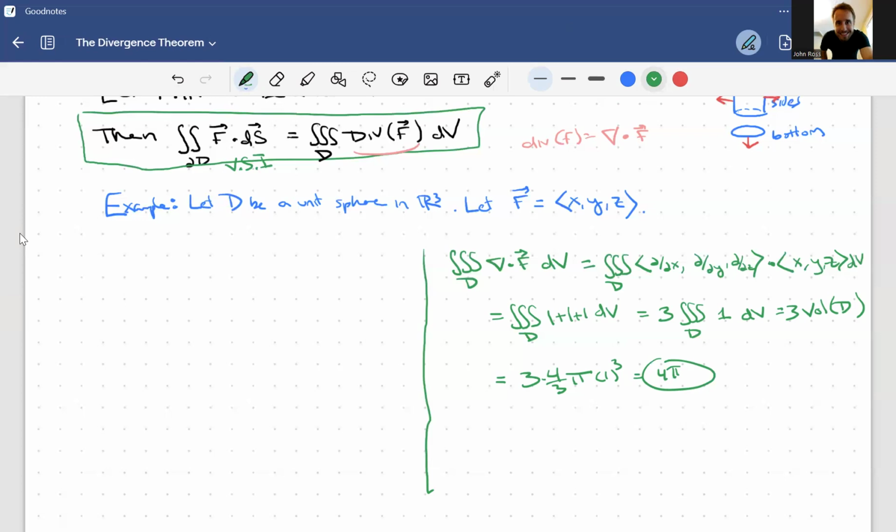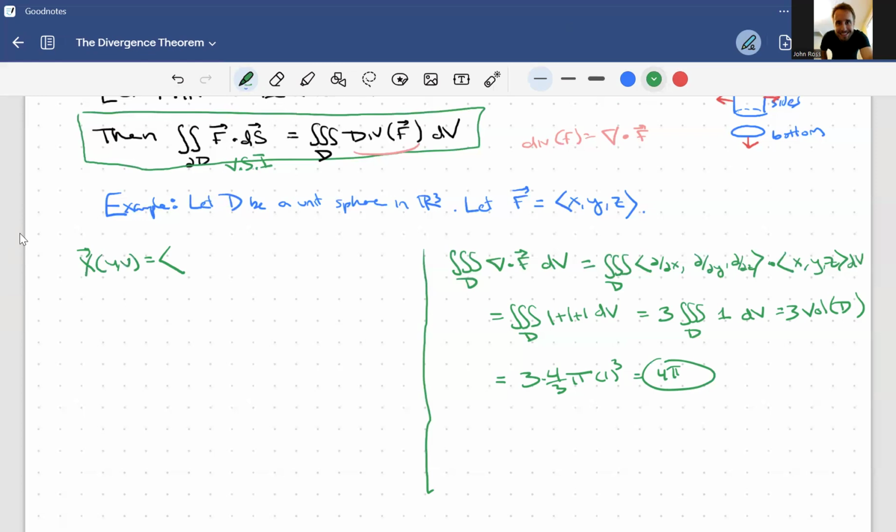So let's compare this to the vector surface integral on the left. The vector surface integral on the left requires a parameterization, X of u,v. And so let's use the standard parameterization for a sphere, where our rho, our radius, is equal to 1.